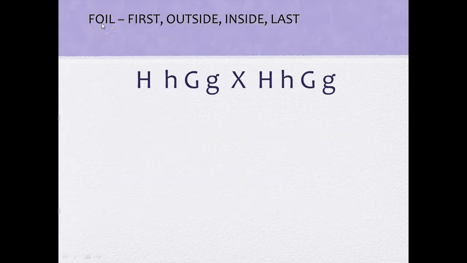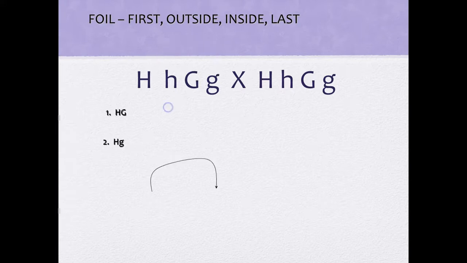Remember the FOIL method: first, outside, inside, last. So you take big H, and you look at the other parent, big H. That's the first letter. Sorry, big H, big G. Then you look at the outside, big H, little g.